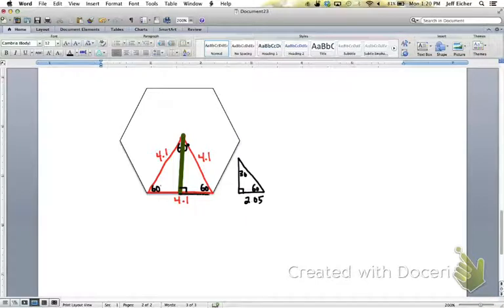That would be this half of the side. The side opposite of 60, you could use trigonometry, or you could remember that it is the side opposite of the 30, 2.05, times square root 3. And that would be the apothem length.